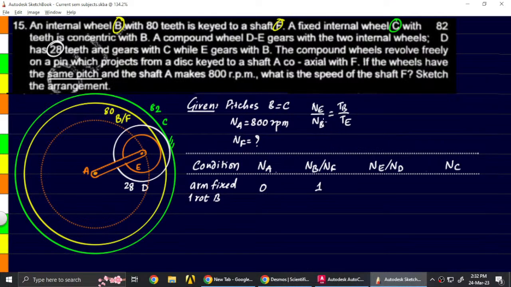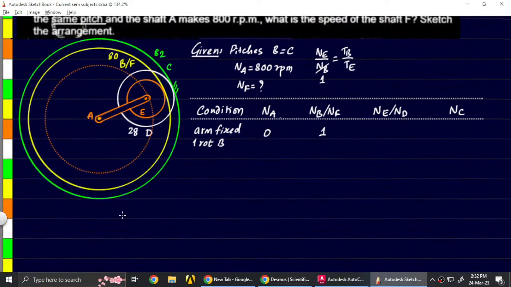Now NB we have assumed to be 1, so NE will be equal to TB by TE, but we don't know the value of TE. In order to find the value of TE, we'll have to do some extra calculations.